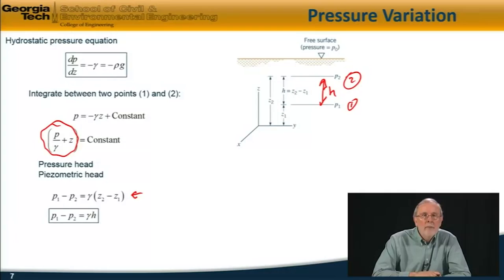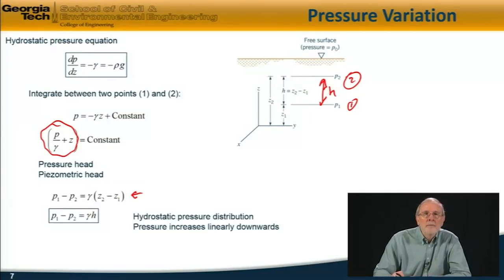So the only thing that matters here is the vertical distance between the two points when we're calculating the pressure difference. So this equation gives us the so-called hydrostatic pressure distribution, from which we see that the pressure increases linearly as we go downwards through the fluid.